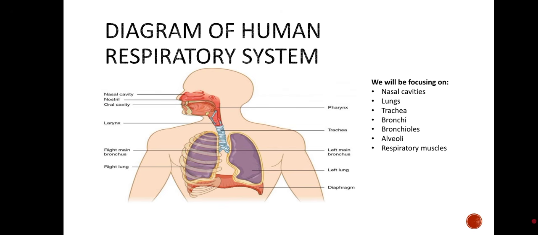So firstly, we're gonna start with the nasal cavities, right? When we're talking about the nasal cavity, you would think of nostrils. Yes. So we have the two external nostrils that lead to two nasal cavities that are separated by a septum, right?